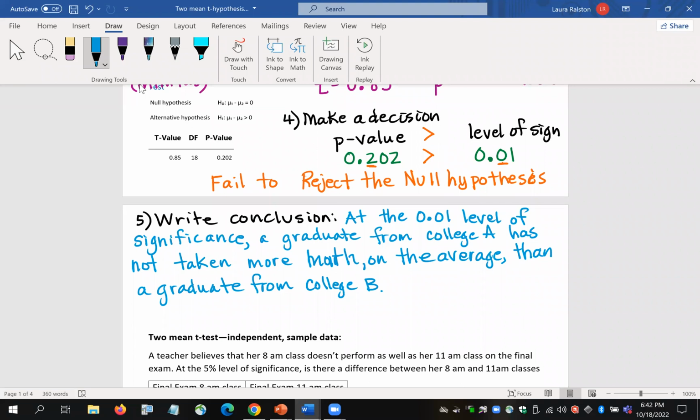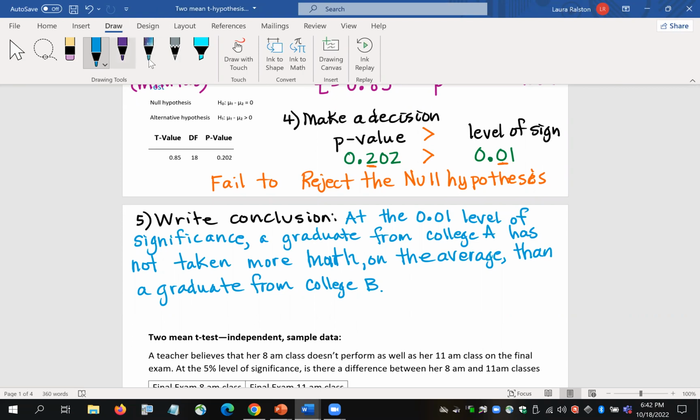Now, again, there's other ways you can say that. And really what we're doing is we're rewording the question, right? For the conclusion, you are basically using the question in the conclusion, but you always state the conclusion in terms of the hypothesis that is true.